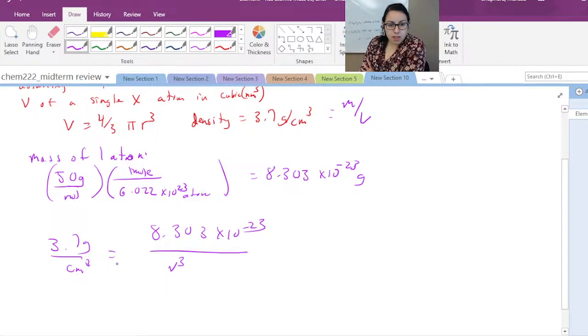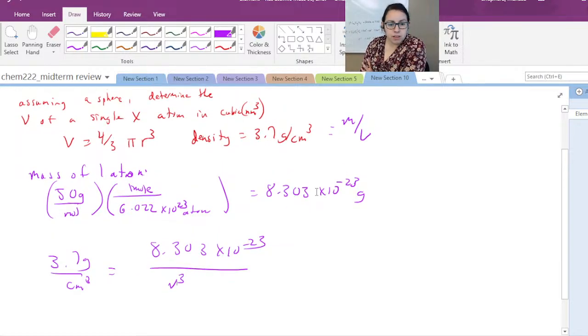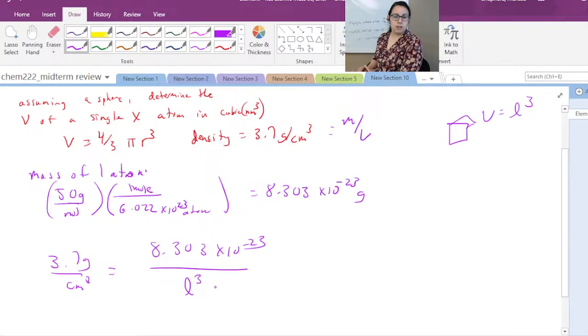That sounds good. The key is that it's a cube, so we have volume equals L cubed, our length. I'm going to fix this: that should be L cubed, or volume.